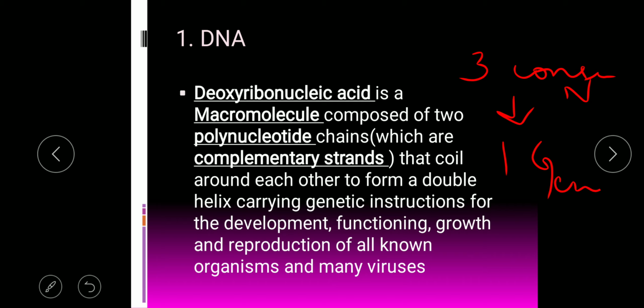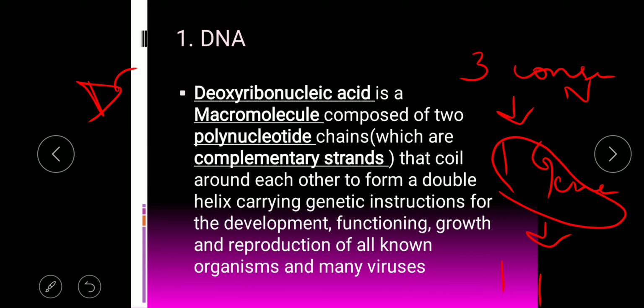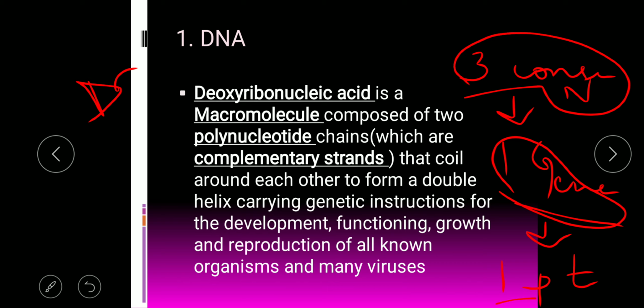And the very famous father of Indian genetics, Dr. Hargobind Khorana, for which he got the Nobel Prize also, said that each gene is responsible for the synthesis of one protein.